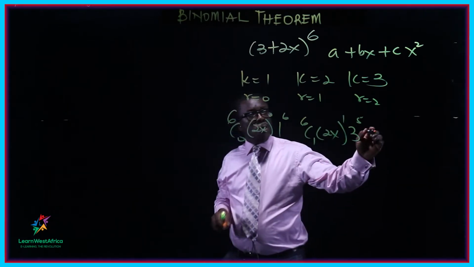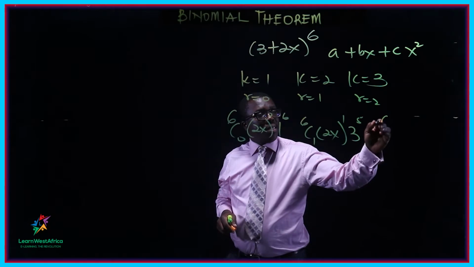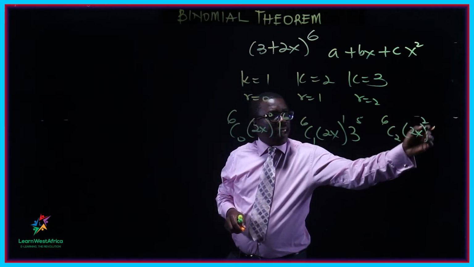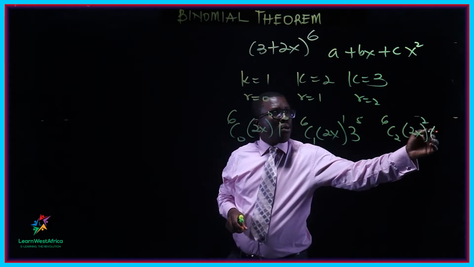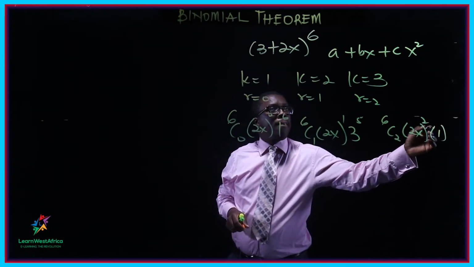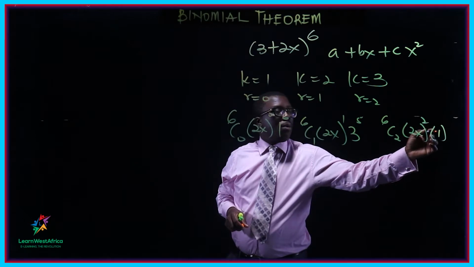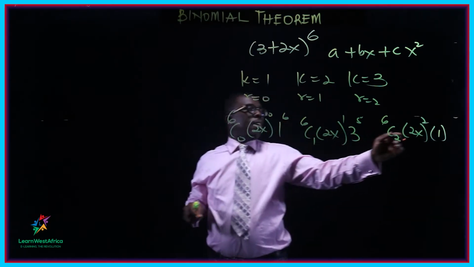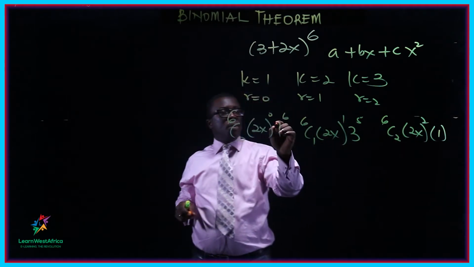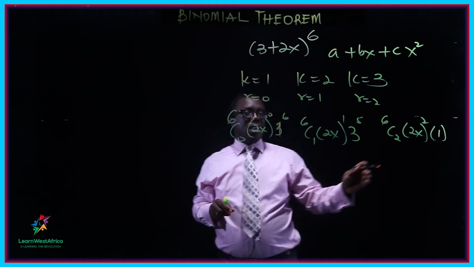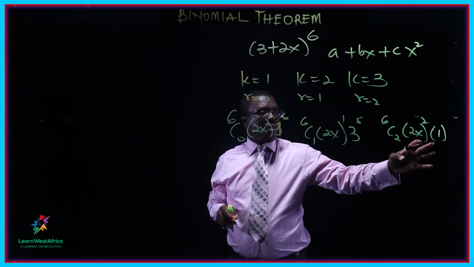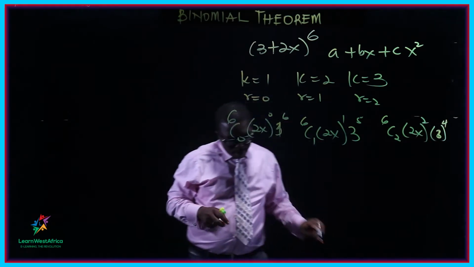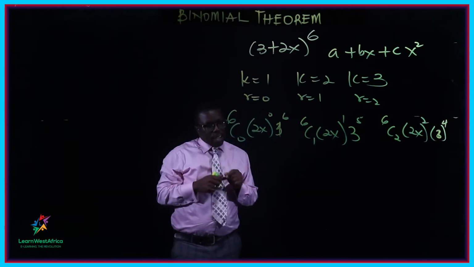And our third term is going to be 6, choose 2, 2x squared. Okay, let's just correct that. So this is 3 to the power 5, so here will be 3 to the power 6, sorry. Then you're going to have 3 to the power 4 here. Okay, so that is it.